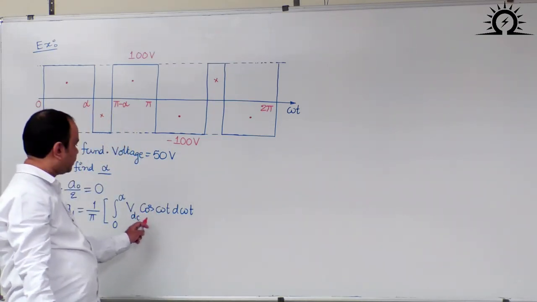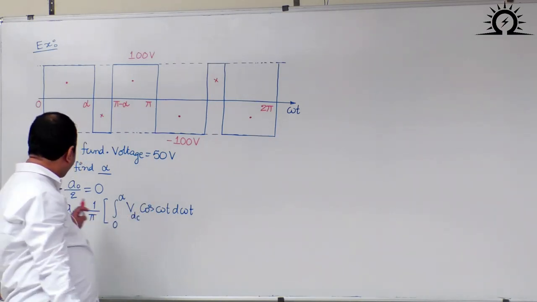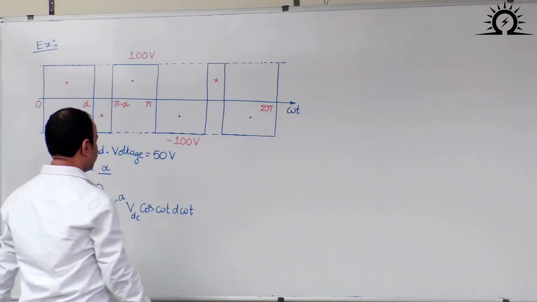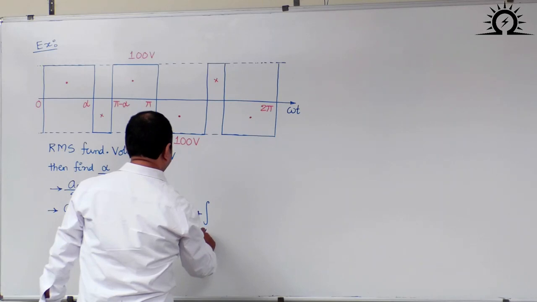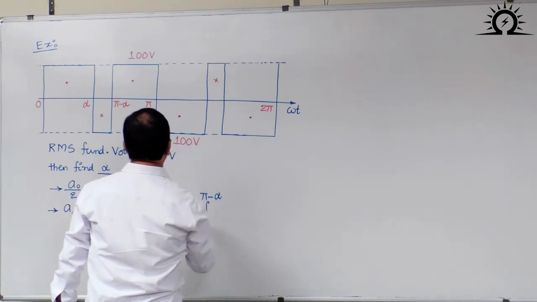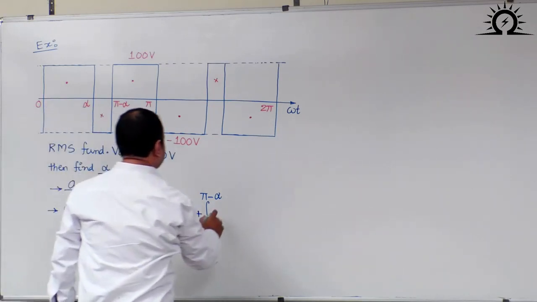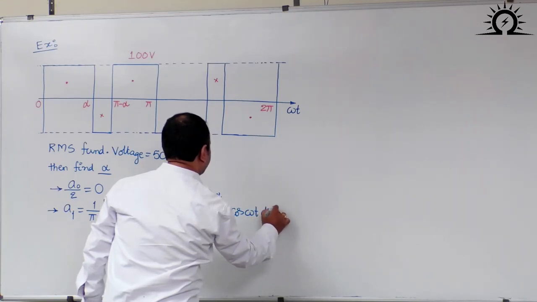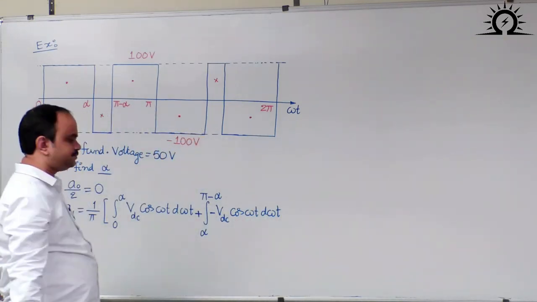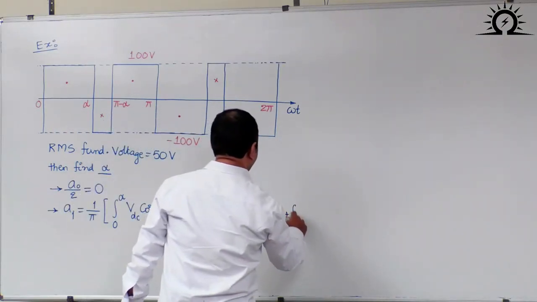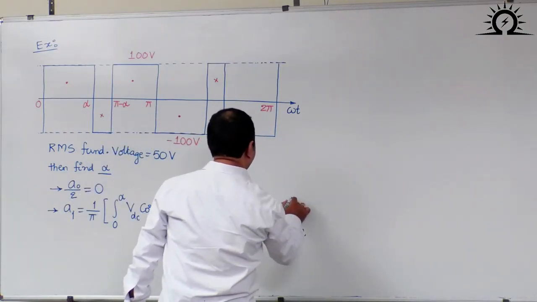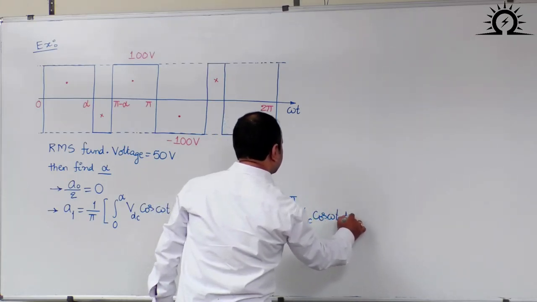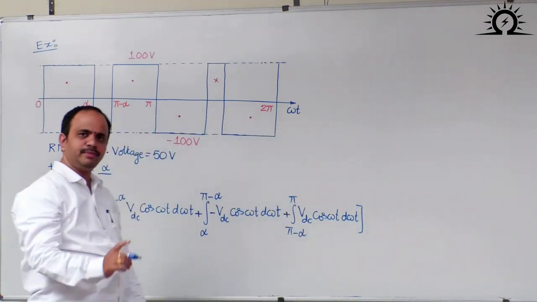Strictly speaking it should be cos of n omega t, but as we are calculating A1, that is n equal to 1, this is cos omega t, plus integration alpha to pi minus alpha, minus VDC cos omega t d omega t, plus integration from pi minus alpha to pi, VDC cos omega t d omega t.